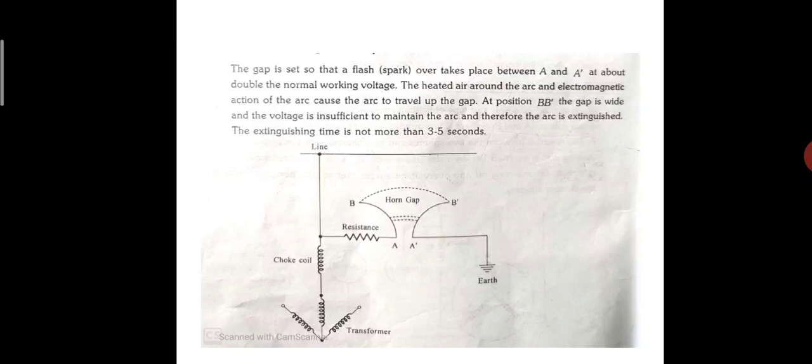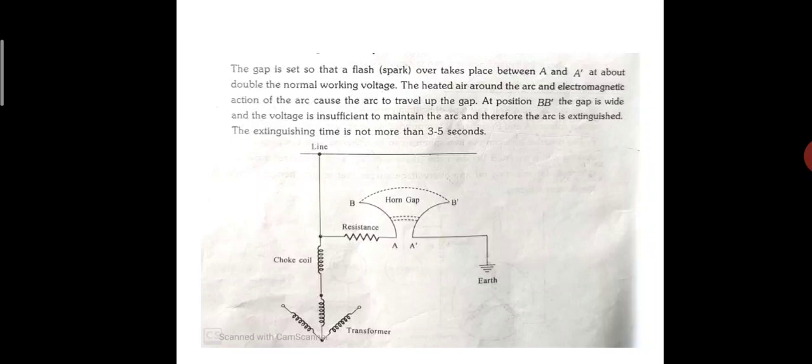See the iron gap lightning arrestor diagram. These are straight lines and these are the three transformer windings R, Y, B. A choking coil and resistance are also connected.